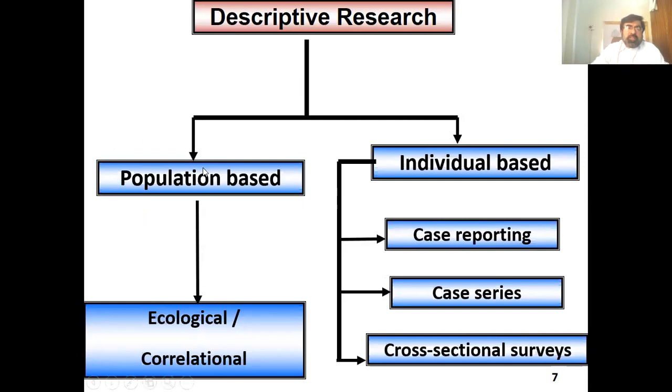What is a population-based study? A population-based study is a type of study where the unit of analysis is a group of people, not an individual. For example, if you are living in an area where there are many industries and there is a town or city close to those industries, and you want to see the effect of the pollution from those industries on the population, you will study the whole population rather than a small sample.